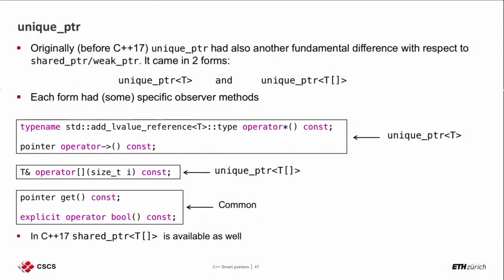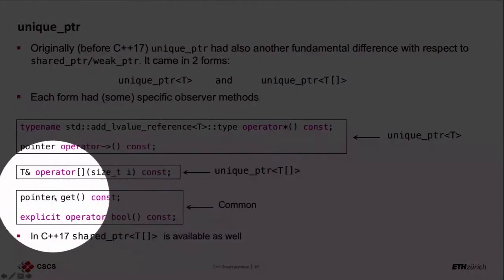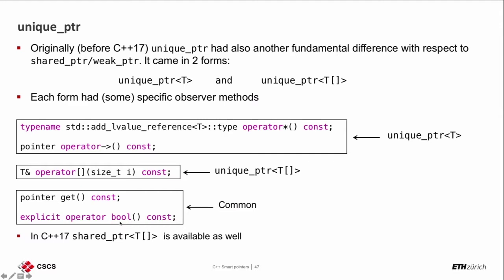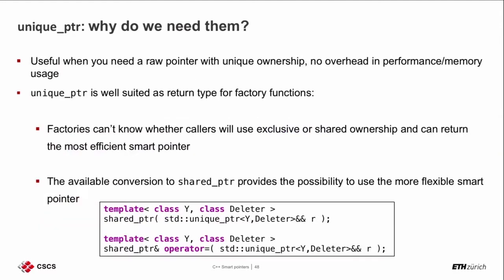With an index, you can access the single elements pointed to by the pointer itself. And then there are some common elements like the get method that will give you the raw pointer, and of course the conversion to bool so that you can check if the pointer is valid.